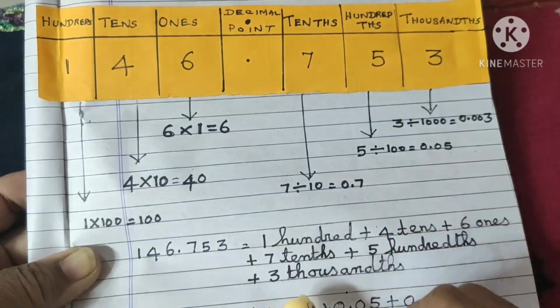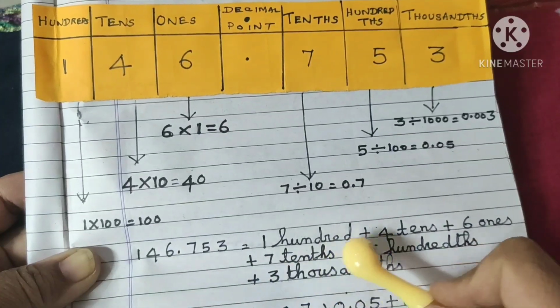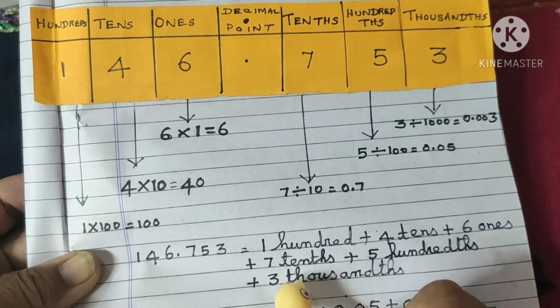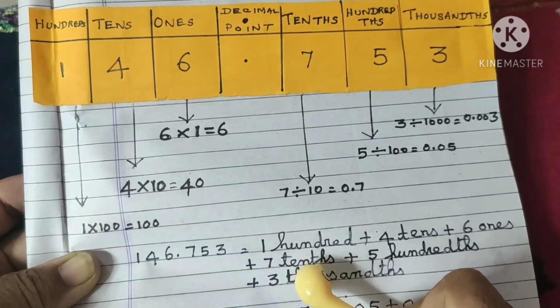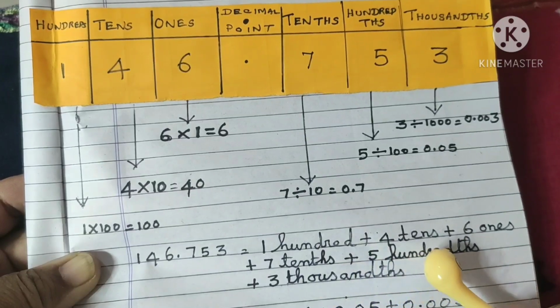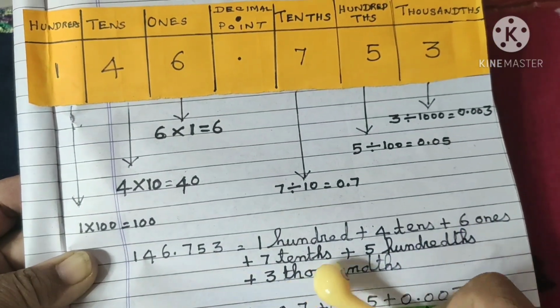146.753 is equal to 1 hundred, 4 tens, 6 ones, 7 tenths, 5 hundredths, 3 thousandths.